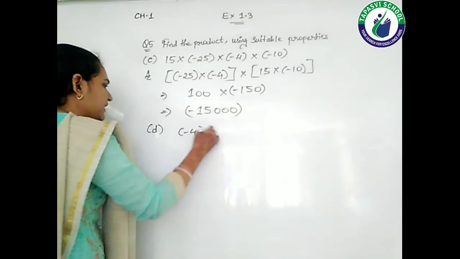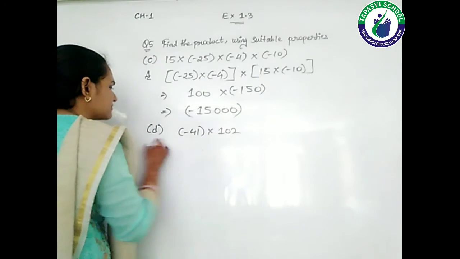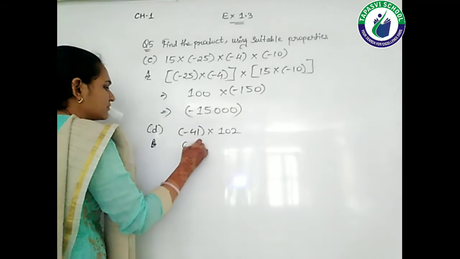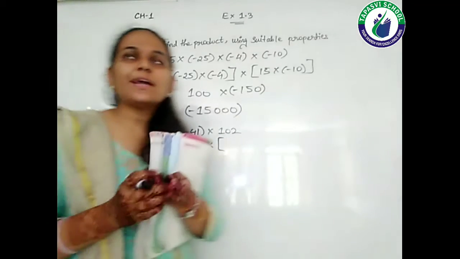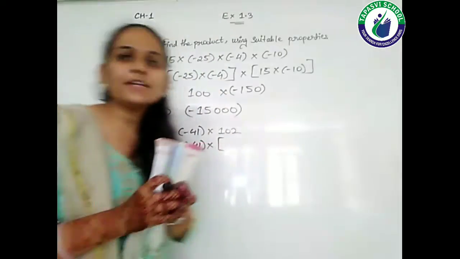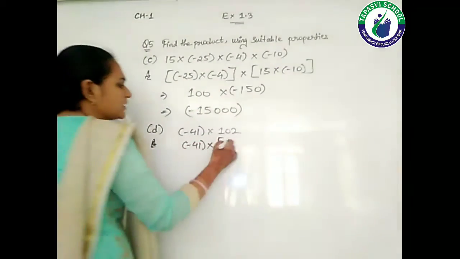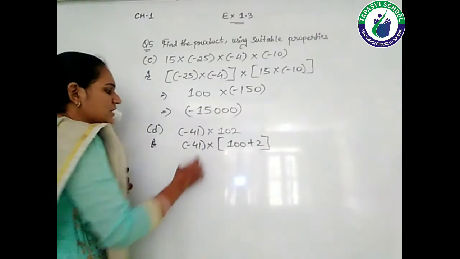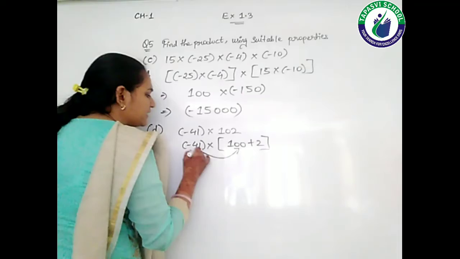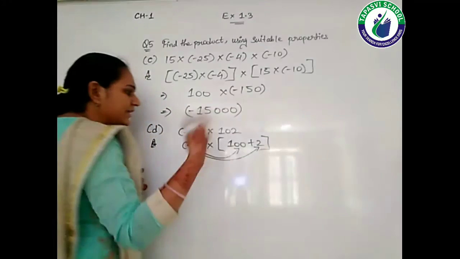Minus 41 into 102. Okay, here I can, students, apply the distributive property. I can write 102 as a sum of 100 and 2, right? So 41 first I will multiply with the 100, 41 with the 2, then later on.